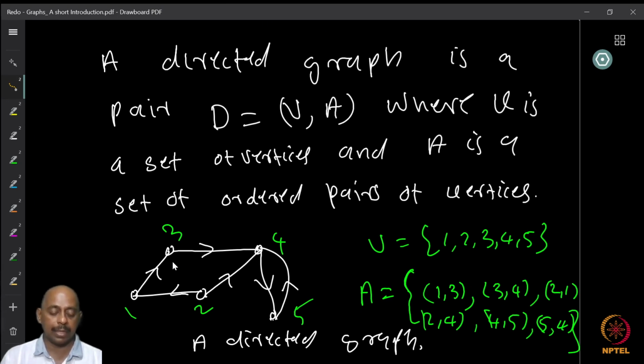Similarly, I can have an edge from 3 to 4, 4 to 5, and also 5 to 4, because I allow going from 4 to 5 and also from 5 to 4. So I have this graph, which we call the directed graph.